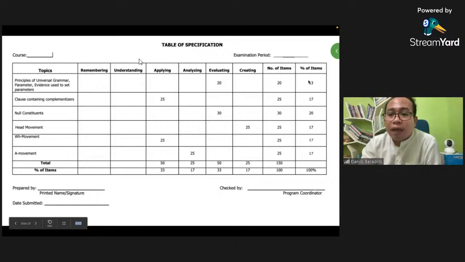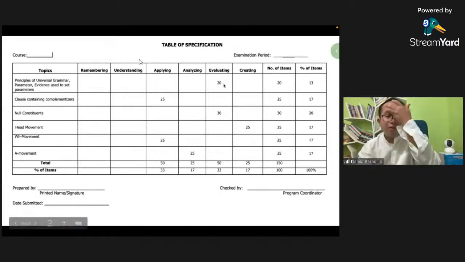How many hours did I teach this particular topic of the entire unit, for example? That is just 13%. How many items should I give? That's 20 items, and that is placed across a particular level of Bloom's taxonomy, right?